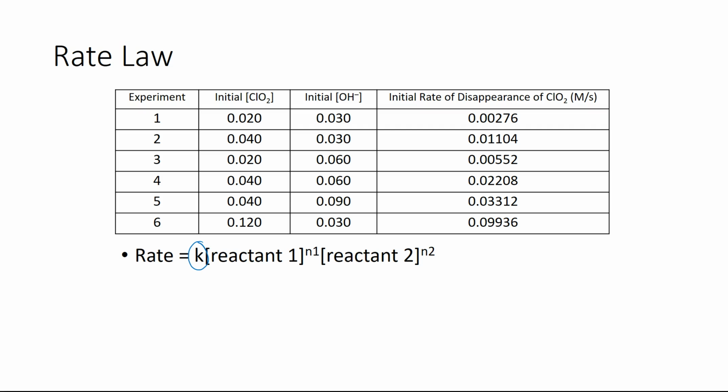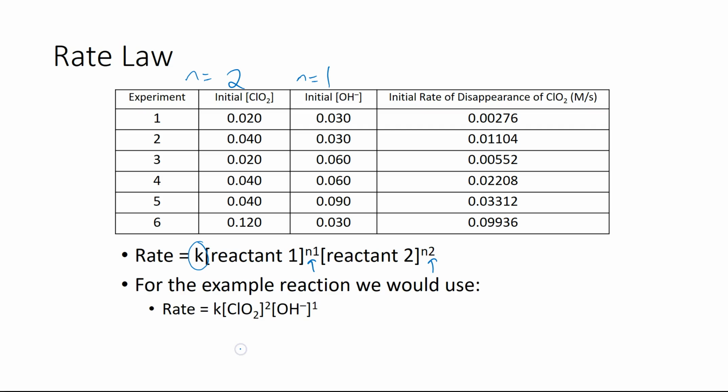All right, so let's see what the rate law would look like for this reaction. So again, we've already decided that the order with respect to ClO2 is 2, and the order with respect to OH minus is 1. So those are our reactant orders. Okay? So now that we know that, I can plug some numbers in right there, and I can plug another number in right there.